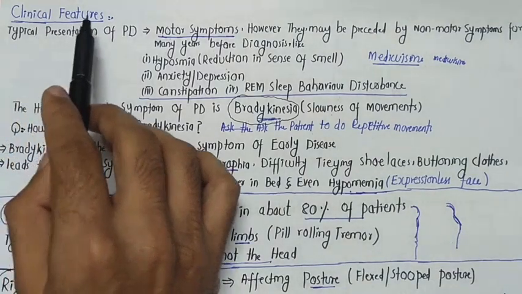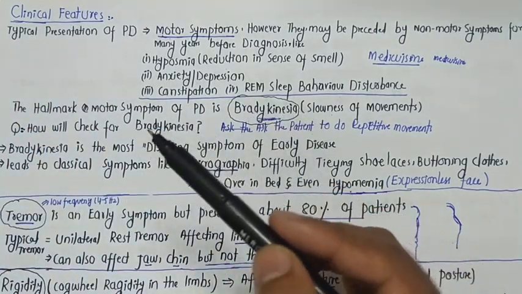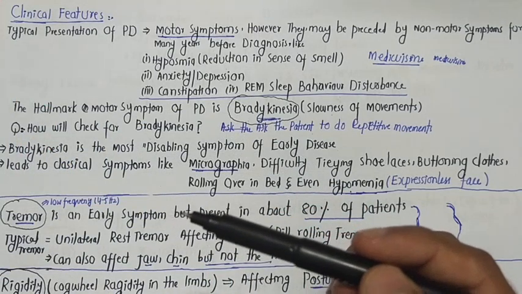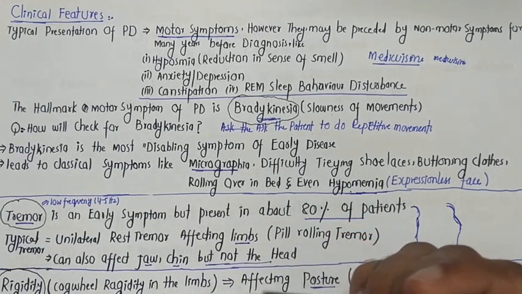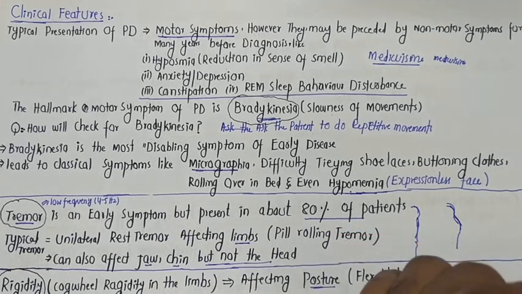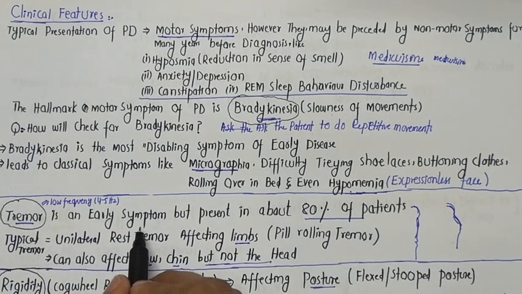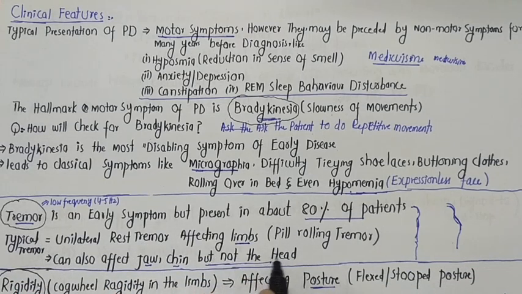Actually, the clinical features like bradykinesia, tremor, and rigidity tend to be asymmetrical in the early disease, and as the disease progresses, they become symmetrical. So tremor is also unilateral first, affecting limbs, and it can also affect the jaw and chin, but cannot affect the head.